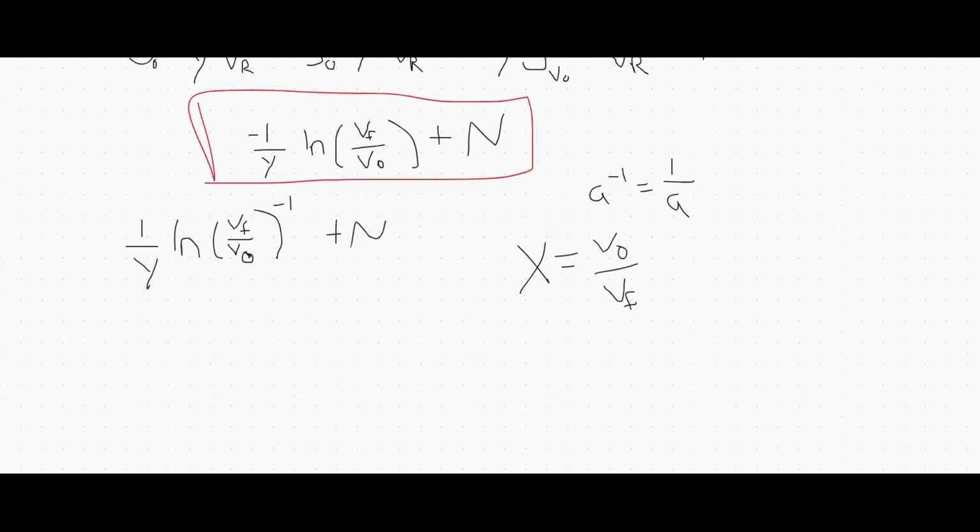So then finally, we can write all of this as 1 over y times the natural log of the concentration factor plus n, and that's equal to your pump passes.